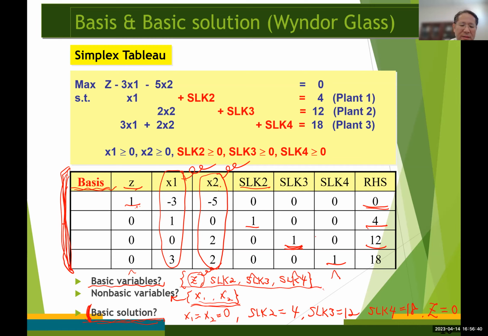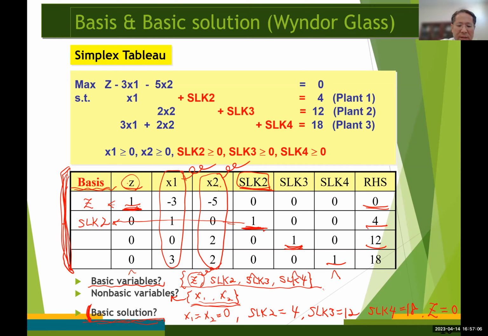The first one corresponds to the value of 1, which is z, so I'm going to write down g right here. The second one corresponds to the slack 2 column, so I write down slack 2.